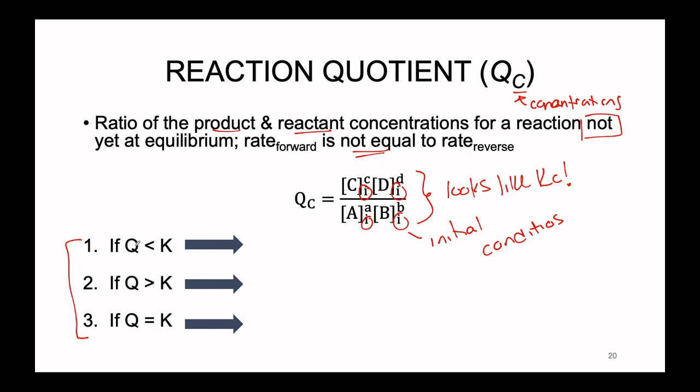First, situation 1, where Q is less than K. If your initial conditions ratio of products to reactants is less than that at equilibrium, then numerically, our Q is only going to be smaller than K if we have too many reactants.